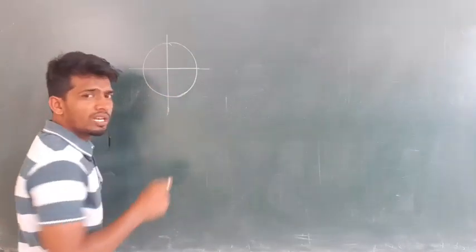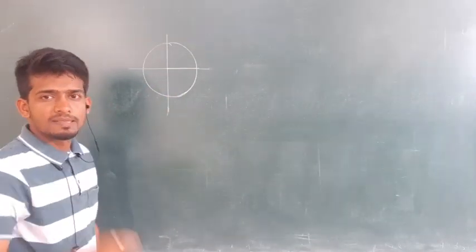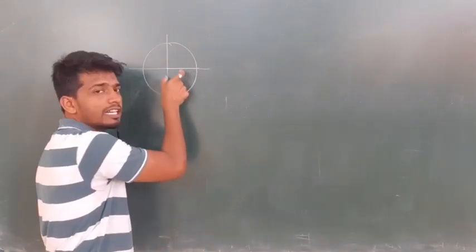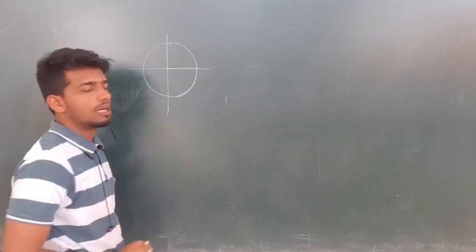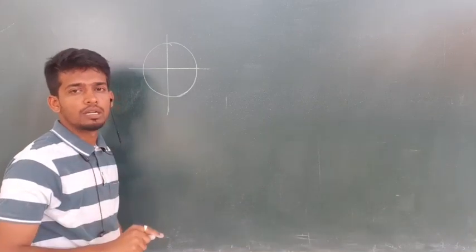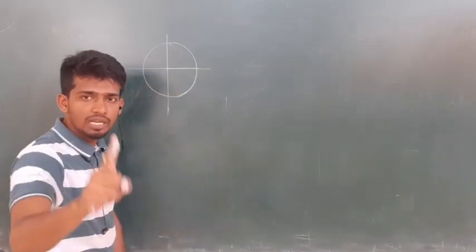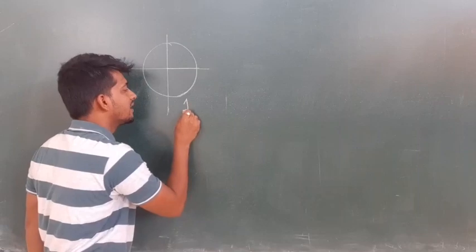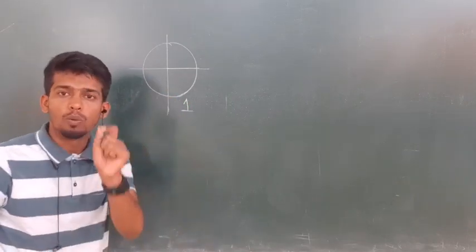A circle of radius 1 unit means it may have a radius of 1 centimeter, or 1 meter, or 1 millimeter, or 1 kilometer. So totally it is a circle of radius 1 unit.